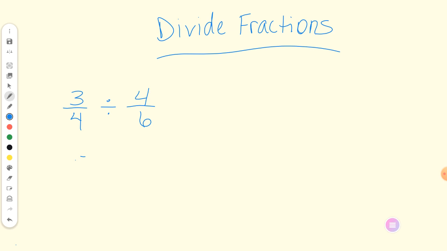K, what does the K stand for? Audrey? Keep the first fraction the same, so we drop it straight down. Colby, what does the F stand for? Flip the second fraction, and you're correct, to 6/4. Michaela, what does the C stand for? Change the sign to multiplication.